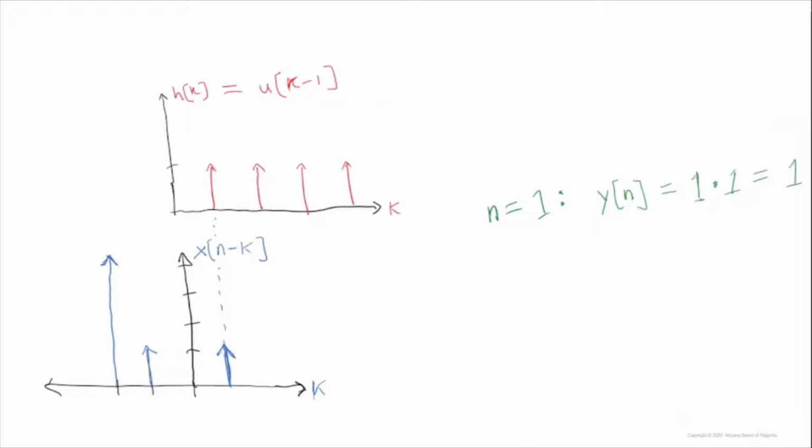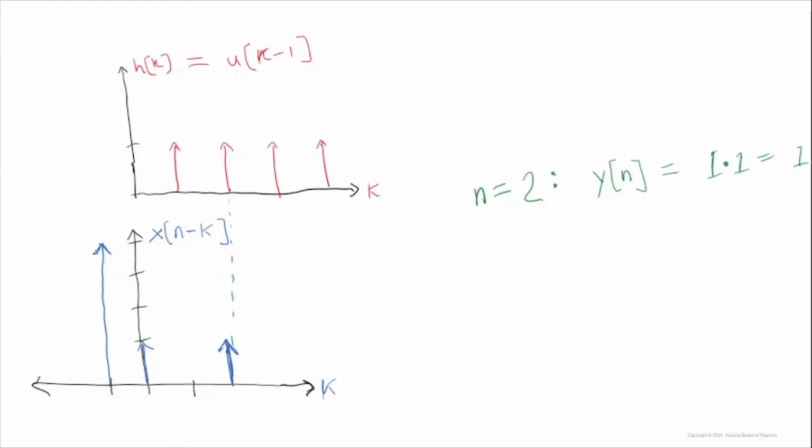Now let's look at the graphs for when n equals 1. As you can see, x of n minus k is shifted to the right by 1, since n equals 1. Now we do have some overlap. The impulses overlapping both have a magnitude of 1, so y of n at n equals 1 is 1 times 1, which is 1.